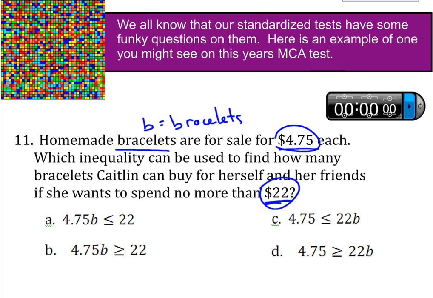So this one's wrong because right now you're saying each bracelet's worth $22, but you've only got $4.75 to spend. This one's saying 22 times the bracelets is bigger than $4.75, so that doesn't work. This one is saying it's $4.75 per bracelet, but you're going to spend more than $22, so it's this one.